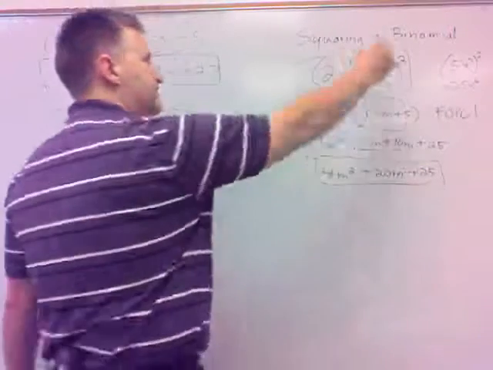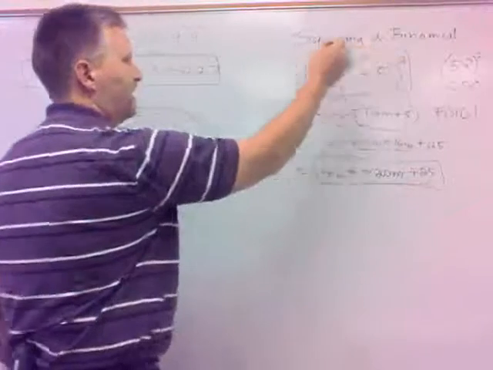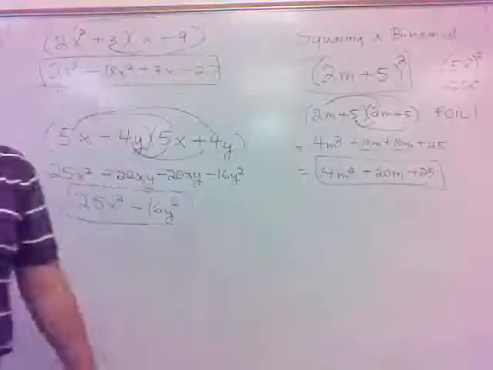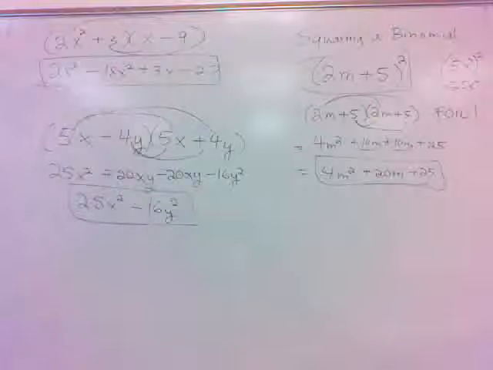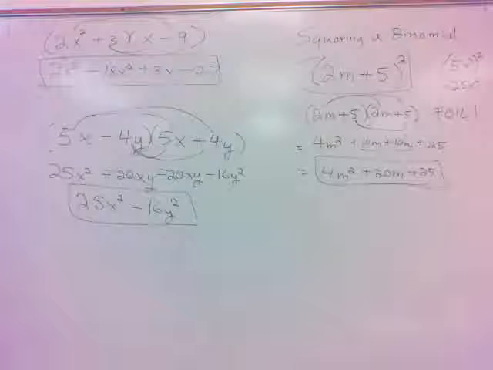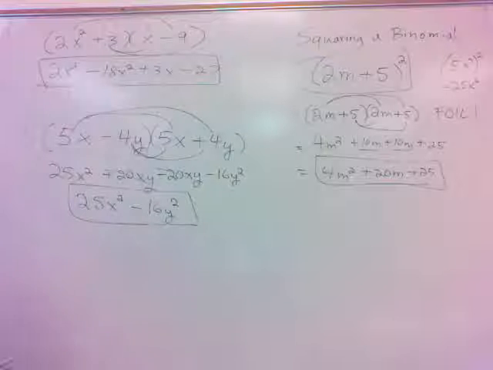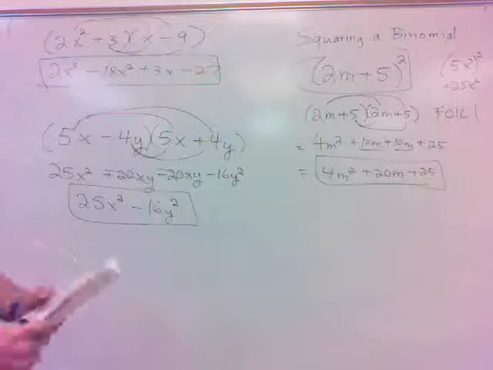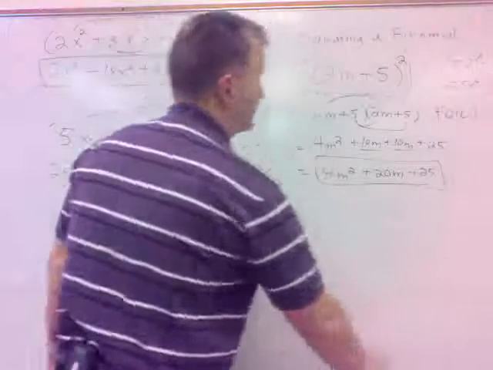Yeah, so if I just squared that and squared that, I just get 4m squared plus 25. I'd leave out a whole term that's in there. So it would be inaccurate if I just squared the two. So that's what I would recommend on squaring a binomial.